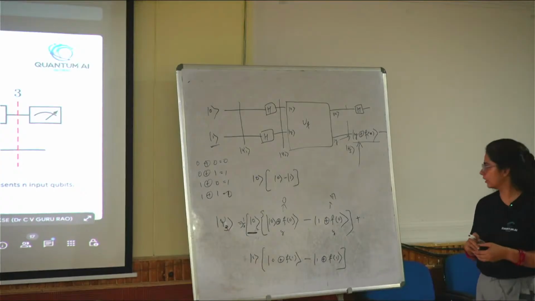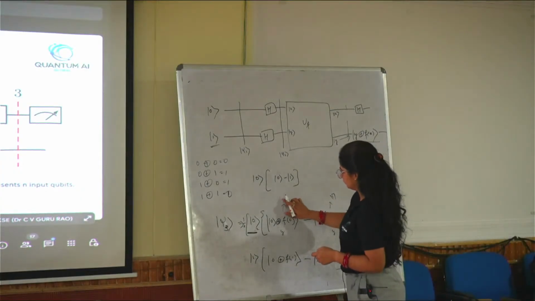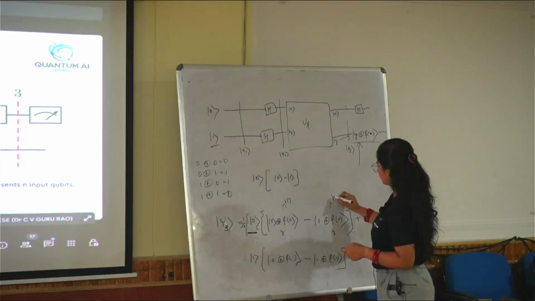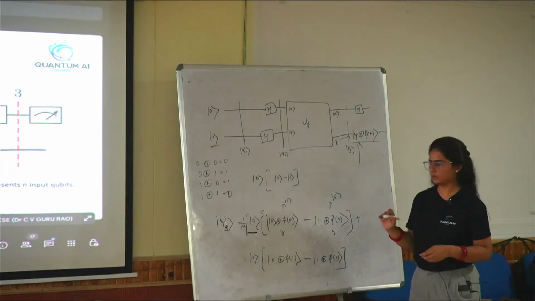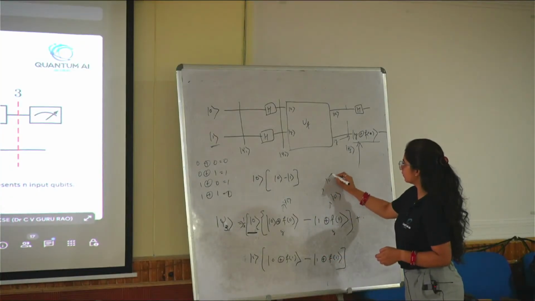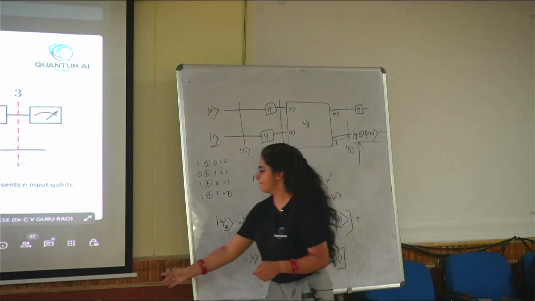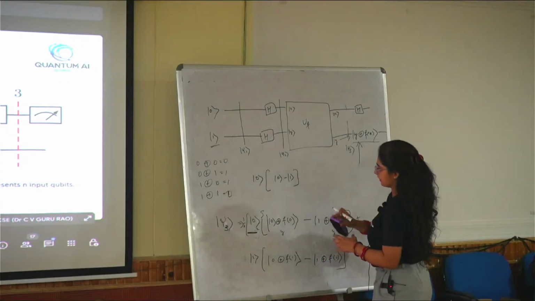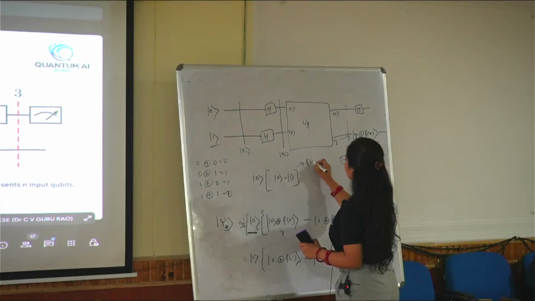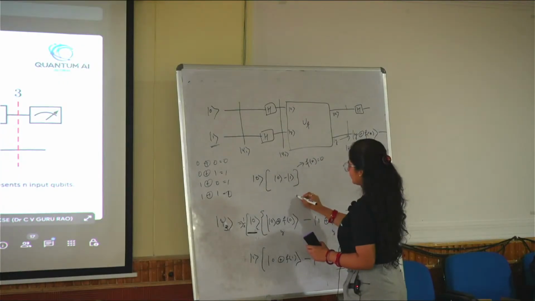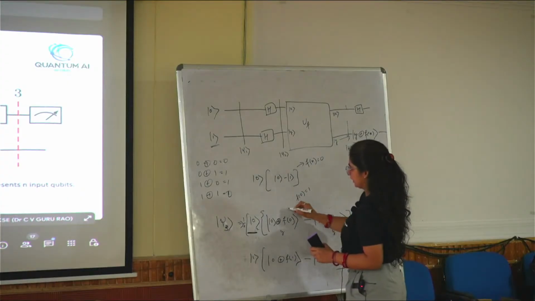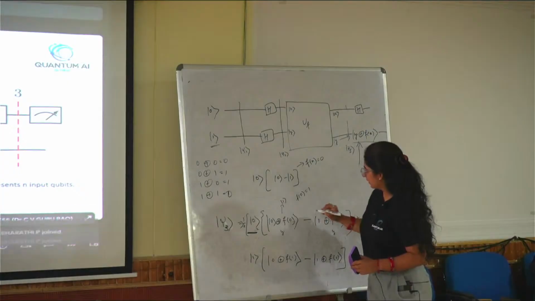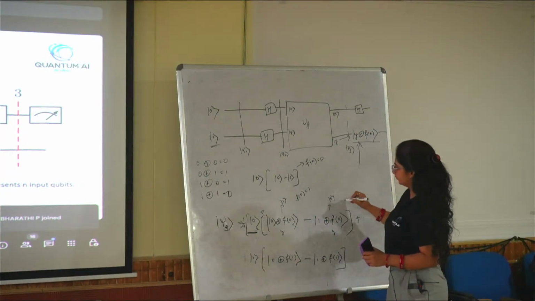Now let's say f of 0 is 1. In that case this will become 1 and this will become 0. Earlier I considered that f of 0 equals 0. Now I consider that f of 0 equals 1, in that case it will become 1 and this will become 0, right?